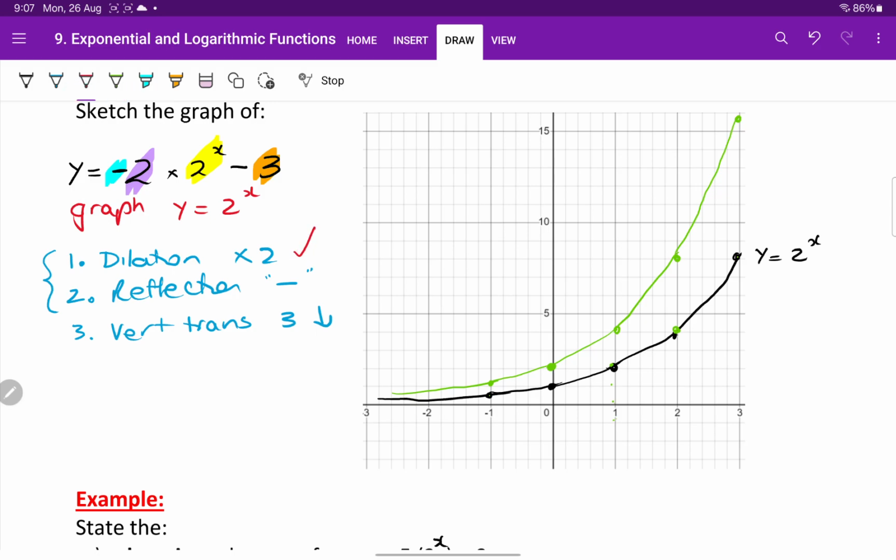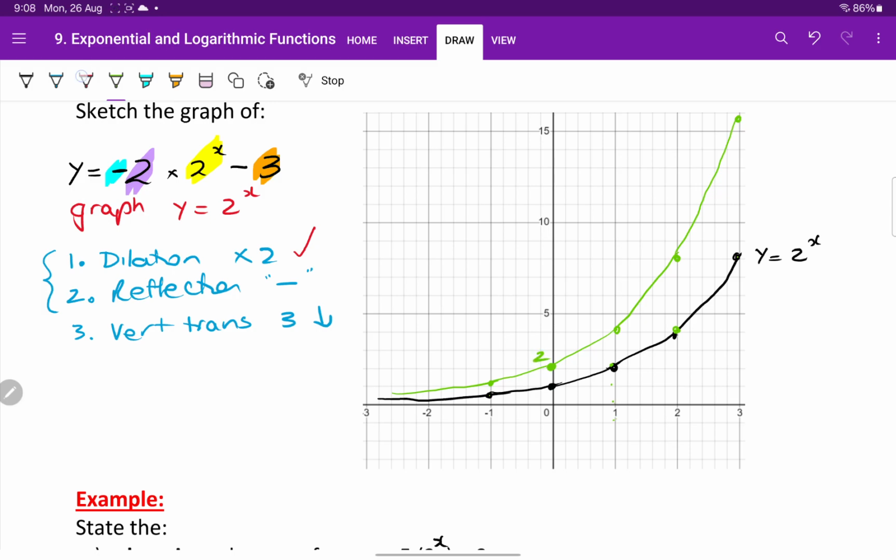My dilation times 2. Notice asymptote is still the y-axis. It's just approaching, still the x-axis. It's approaching the x-axis, but just a bit slower. And, of course, we have doubled our y-intercept. Our y-intercept now, instead of it being 1, is now 2.